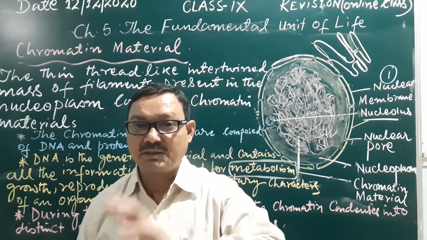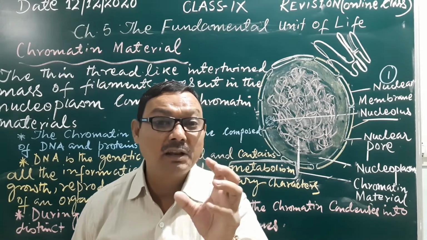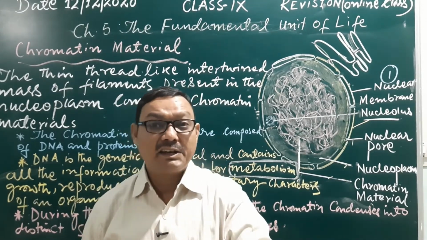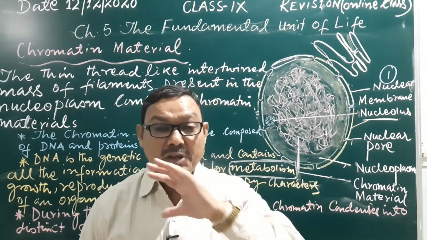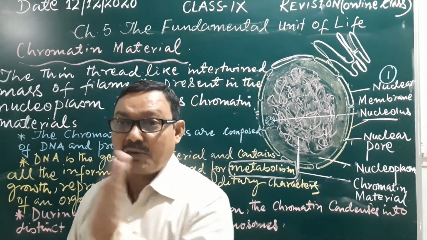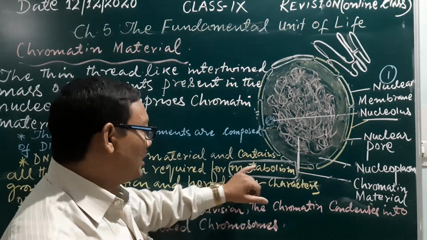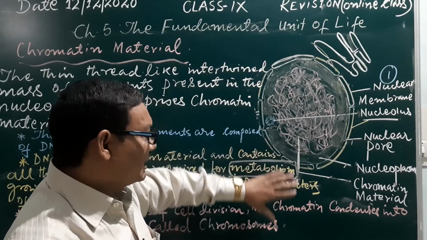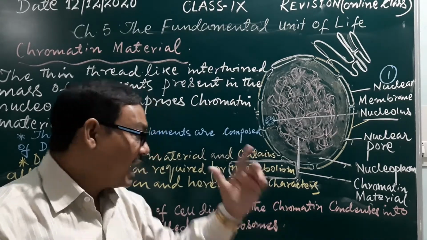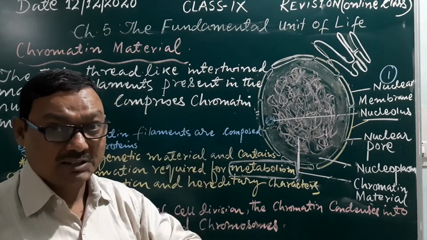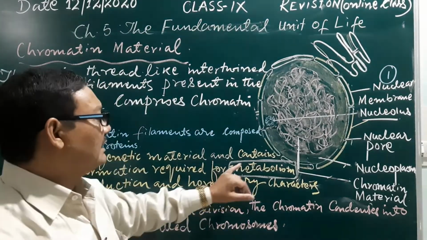The constructive process means the formation of complex substances from simple substances, that is anabolism. The destructive process breaks complex substances into simpler forms, that is catabolism. And this is metabolism.